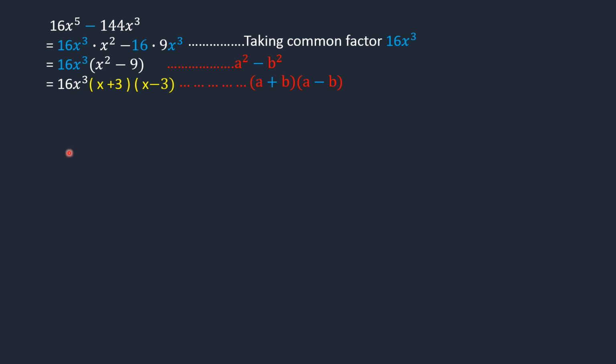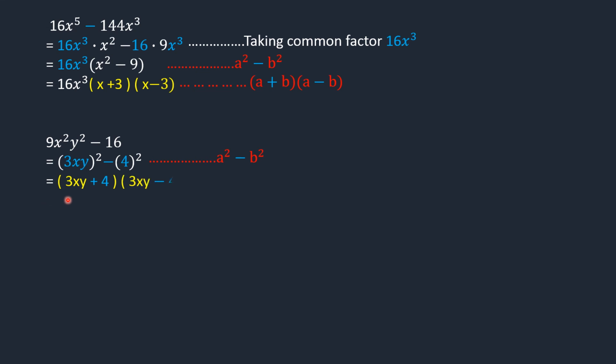Next example, factorize 9x squared y squared minus 16. This is the difference between two squared quantities. We will write 9x squared y squared as 3xy whole squared and 16 as 4 whole squared. Now this is difference of two squared quantities according to a squared minus b squared.